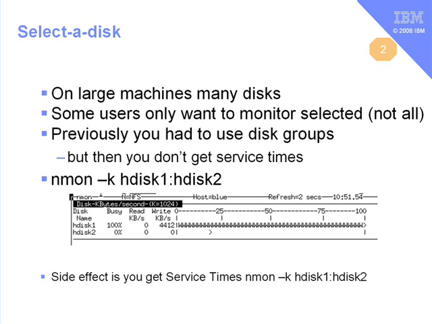Previously you could use the user-defined disk groups, where you could name particular disks and put them into a group. But that doesn't work for the service times, because you can't really take a service time across a set of disks. So now we have the -k option. You can name the particular disks that you're interested in. These are the only ones that will be shown on the screen, and you will get the service times.